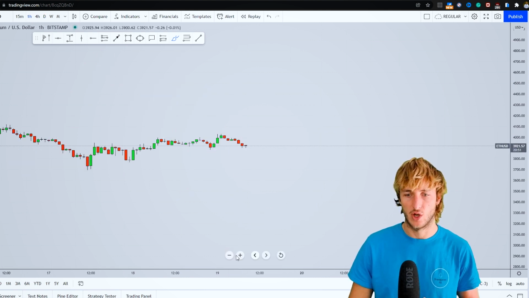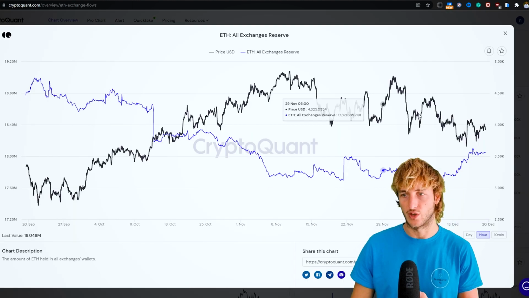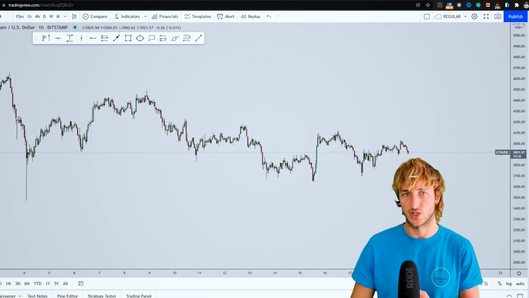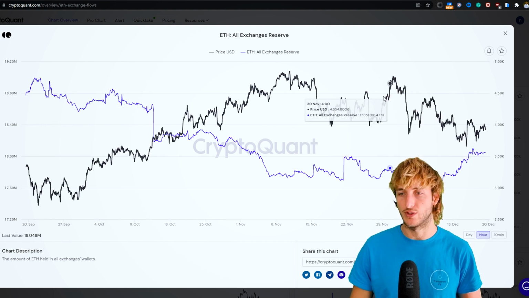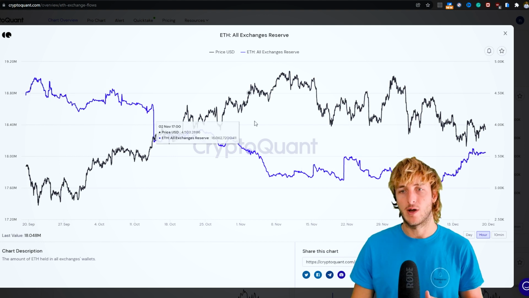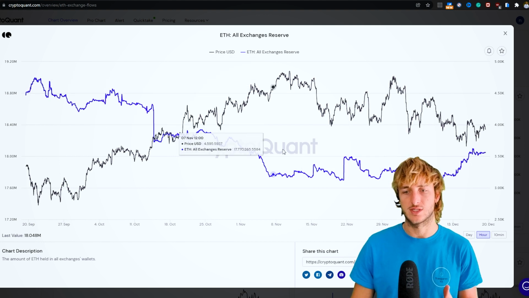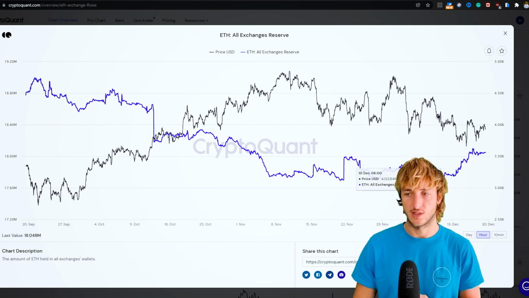If we drop down on the hourly time frame, we can try to match what is going on from an on-chain and a price action standpoint, which is what we see here. We can see how the amount of Ethereums on exchanges has been decreasing. Okay, now we do see an increase here.